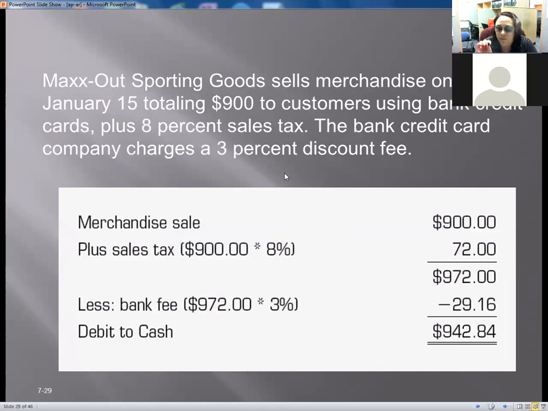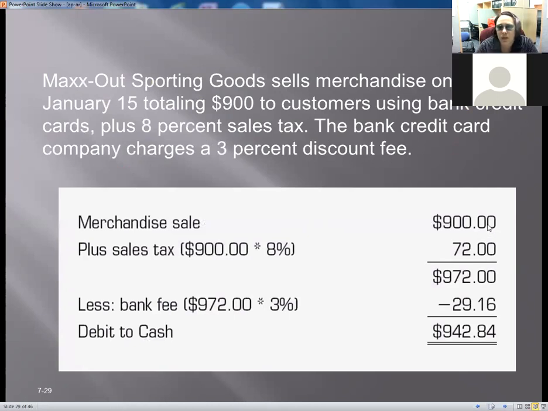You just got to watch out. You usually get a bank credit card statement showing everything they process, the breakdown of every single charge that they're giving you. So you'll have your deposits that they're showing you minus their charges.